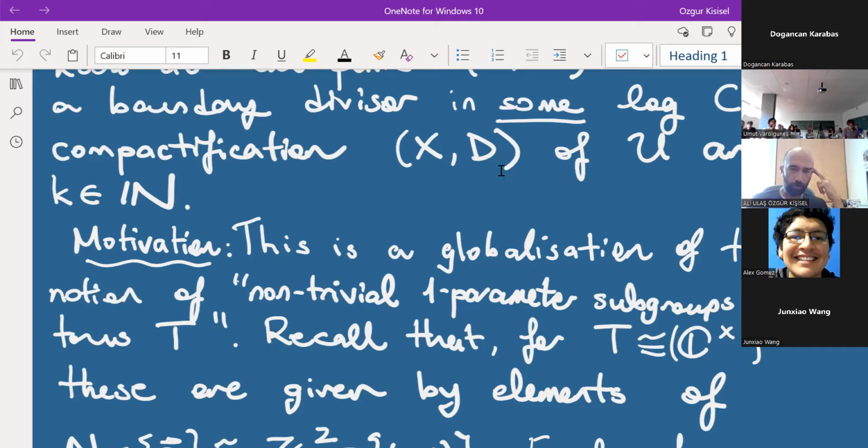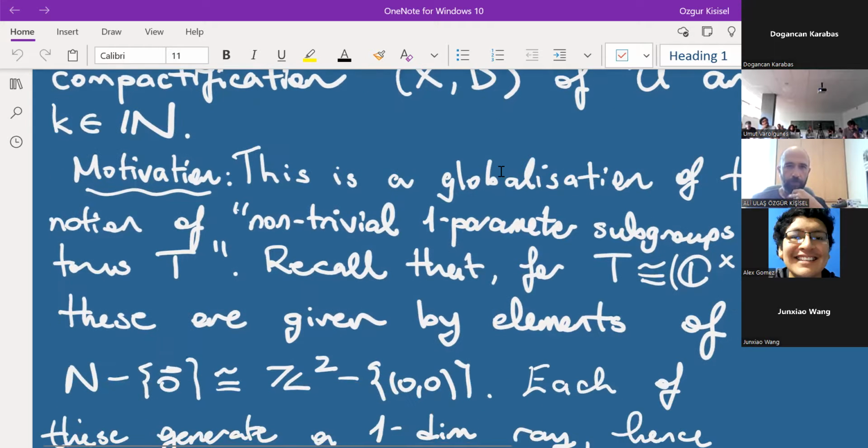But now you want to somehow do this for all the torus charts and put them together. If you want non-trivial one-parameter subgroups, you have to take away 0, so it's going to be, strictly speaking, Z squared minus 0.